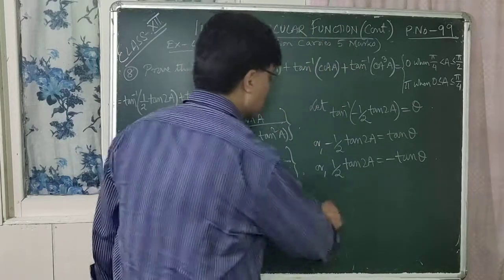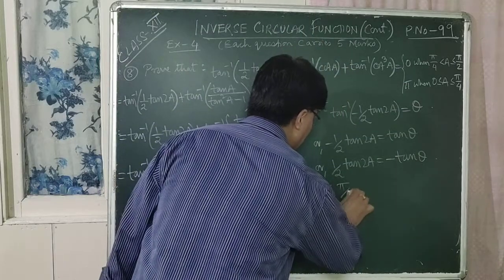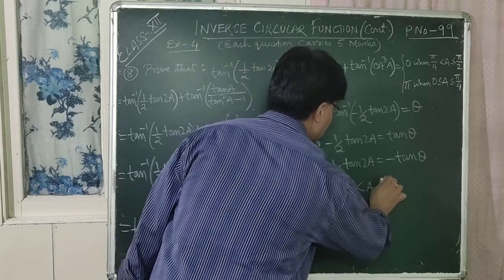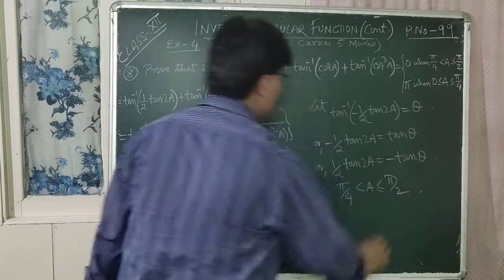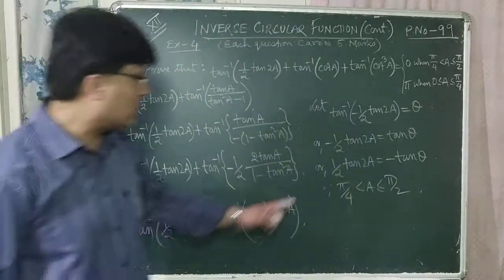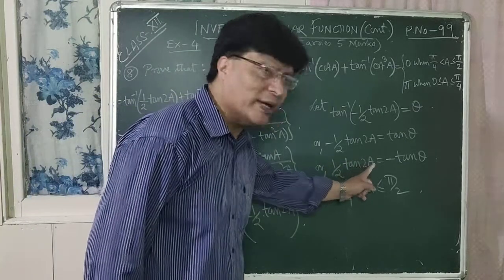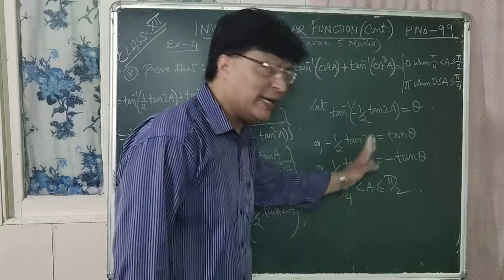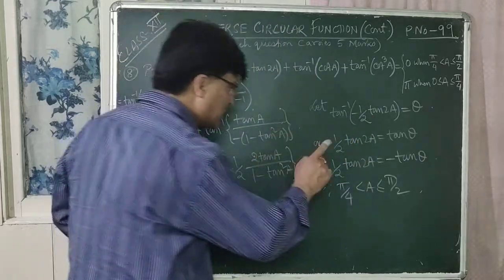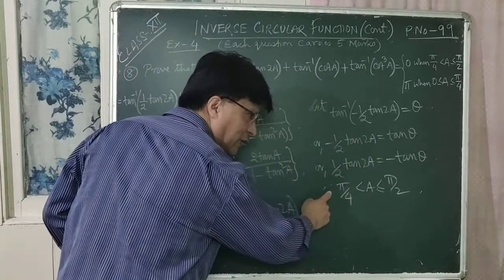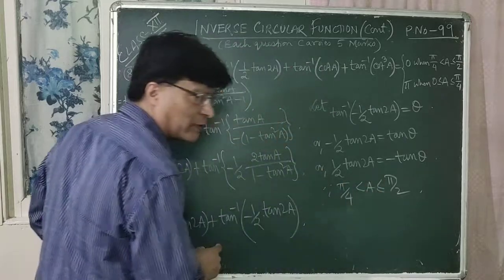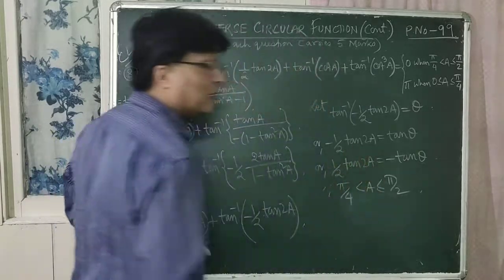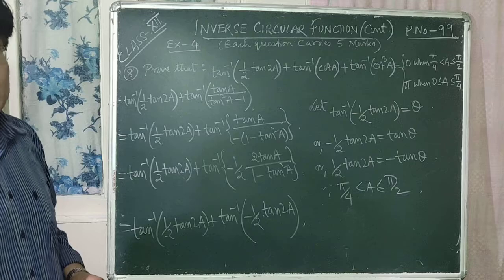Okay? So since pi by 4 less than a less than or equal to pi by 2. Now you have to check in which quadrant does 2a lie. You have to check in which quadrant does this angle 2a lie. Okay? Since here it is given that a lies within pi by 4 and pi by 2. But you should check in which quadrant does 2a lie.